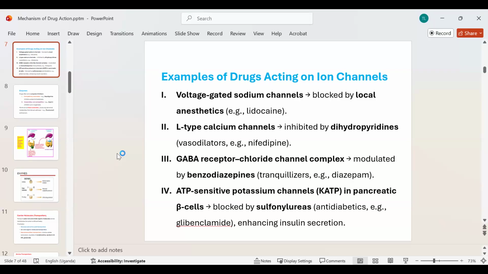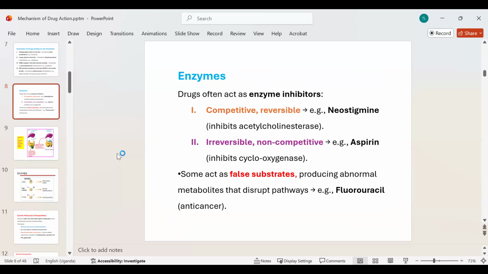So make sure that you understand the PK, absorption, distribution, metabolism, and elimination, and also these mechanisms I'm talking about today. So try to be very attentive when we are discussing this.